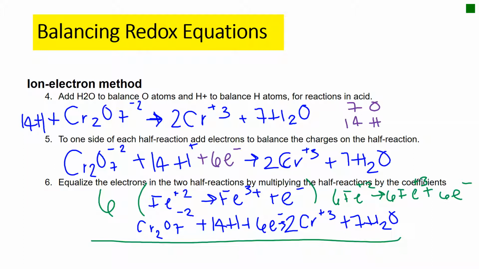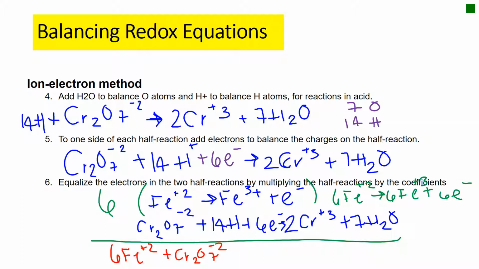On the left we have 6, but on the right we don't have any, so that doesn't cancel out, and it immediately goes into our overall reaction. Then Cr2O7, we have it on the left but not on the right, so it doesn't cancel out, so you add it.